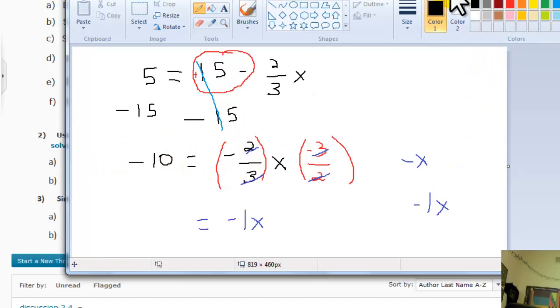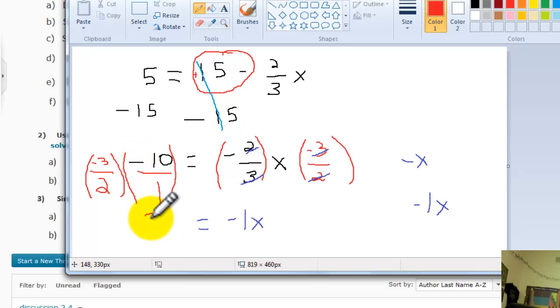And we're going to multiply this side as well, because you have to do the same thing. Remember, we're multiplying by the turned upside down fraction, and it is negative. Okay? Remember, this is over 1. So negative 3 times negative 10 is 30. 2 times 1 is 2. This is positive.